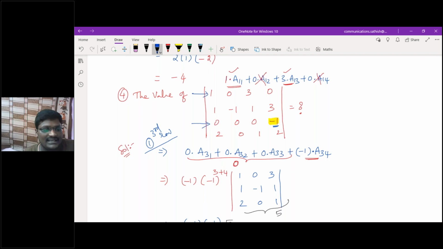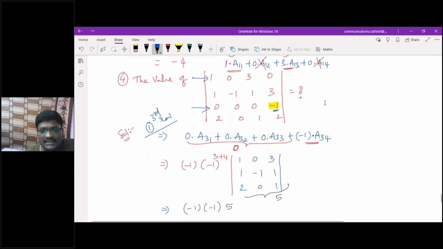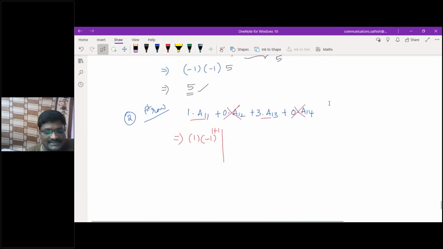If I remove that, what will I get? Tell me the matrix values. Yeah, minus 1, 3.